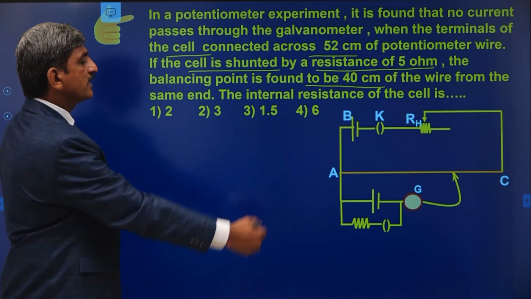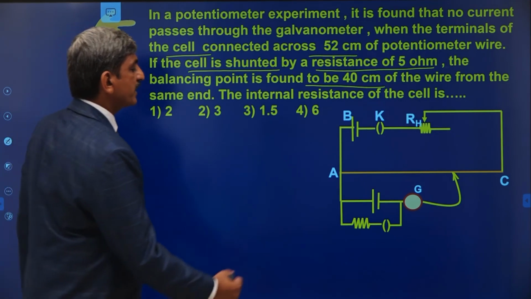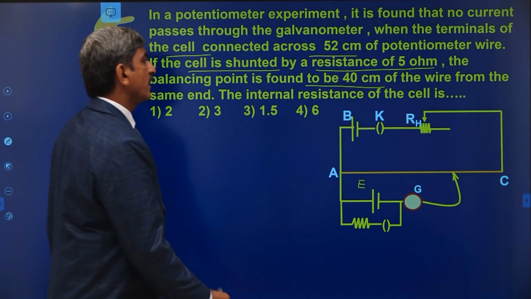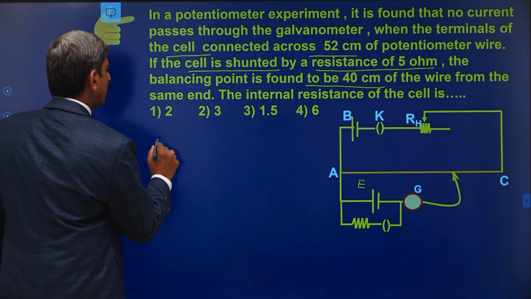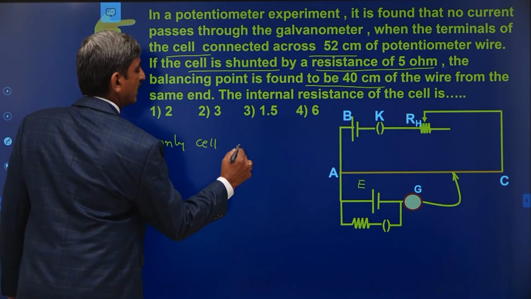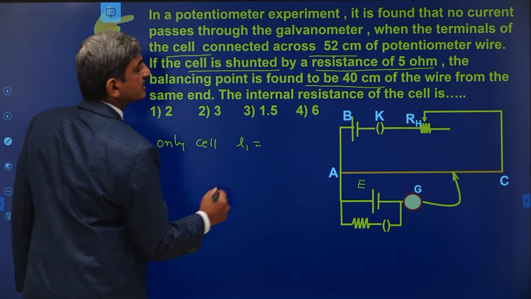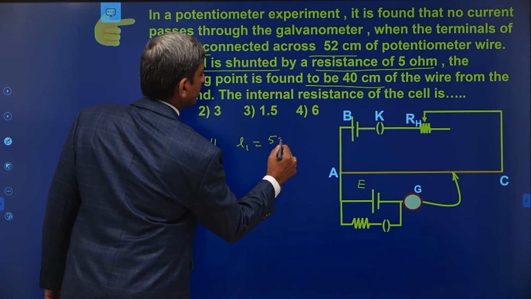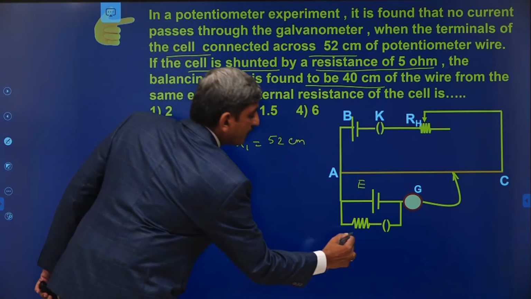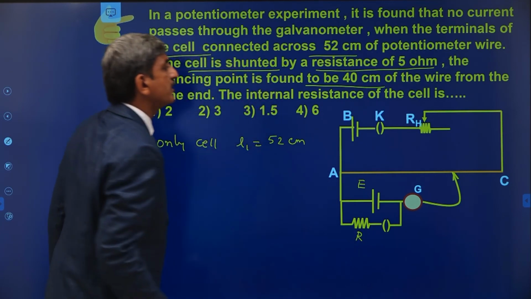For that, see the circuit diagram. In the first case, only the cell of EMF E is connected and the balancing length is obtained, and for only the cell, the balancing length L1 is equal to 52 centimeters. And when it is shunted by a resistance, the resistance value is given.